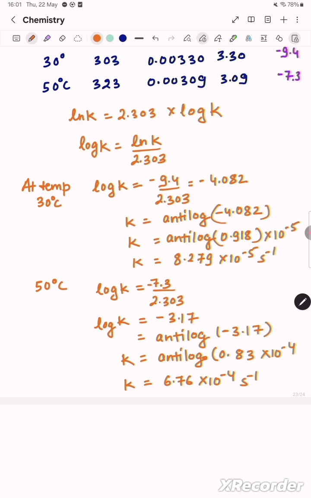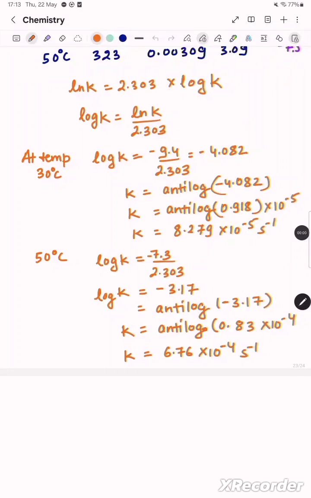So both k we calculated. Now both rate constant values are calculated.